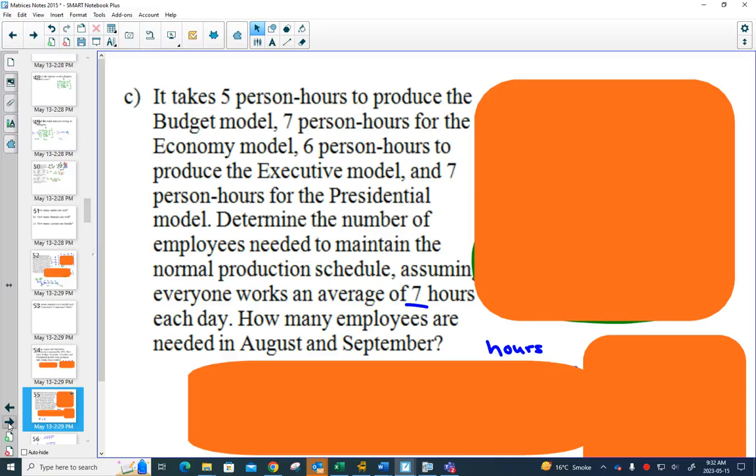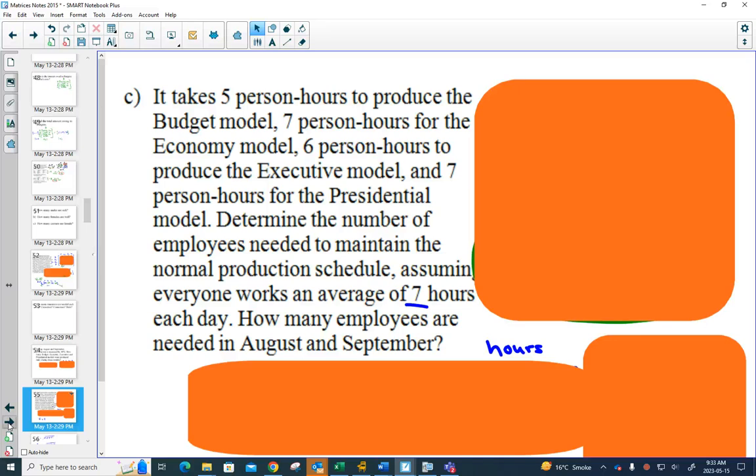So now we are going to try to figure out if it takes 5 person hours to produce the budget model, 7 hours for a person to produce the economy model, 6 hours, and so on. Determine the number of employees needed to maintain the normal production schedule, assuming everybody works an average of 7 hours each day.